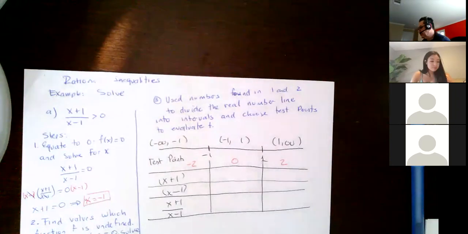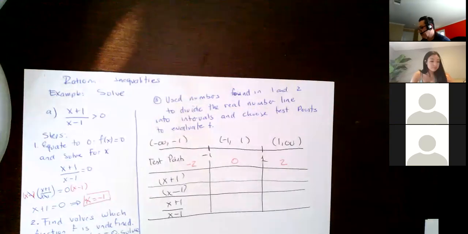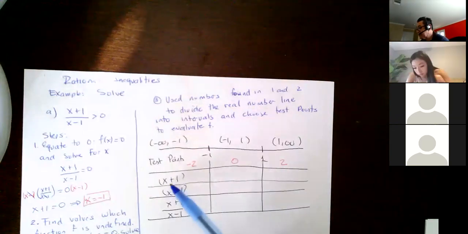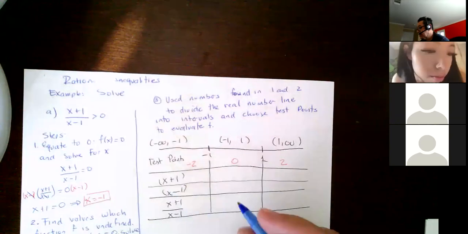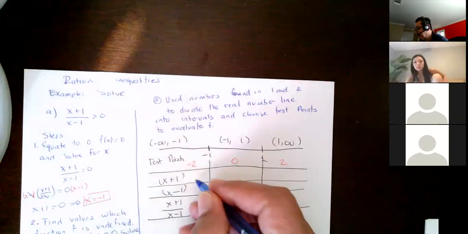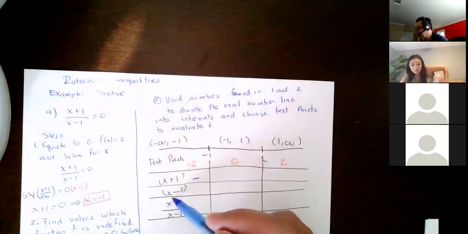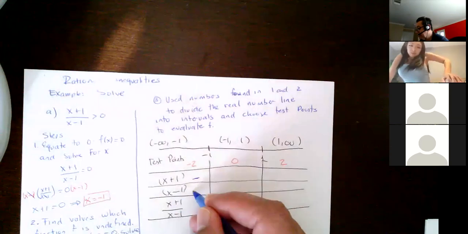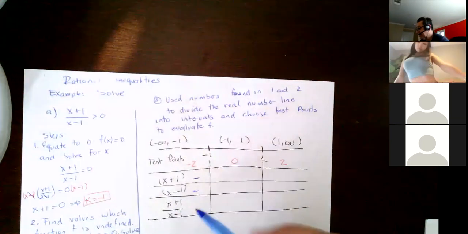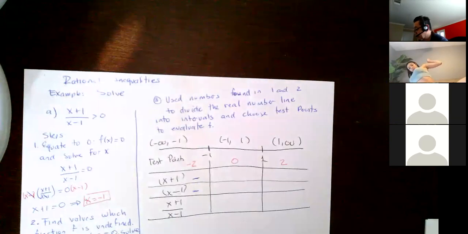All right, let me catch up with you. If we plug in the -2 in x plus 1, I'm going to get a negative, right? If I plug in the -2 in x minus 1, I'm also going to get a negative. What is negative divided by negative? Positive, right?